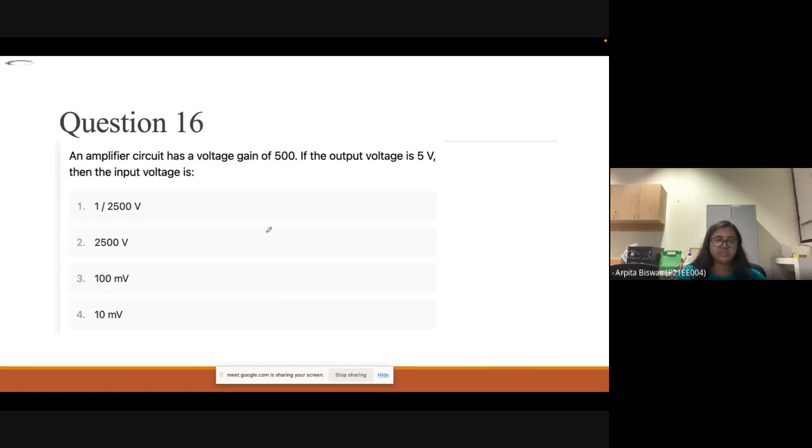This is question number 16. An amplifier circuit has a voltage gain of 500. If the output voltage is 5 volt, then the input voltage is: the first option is 1 by 2500, the second option is 2500, the third option is 100 millivolt, and the fourth option is 10 millivolt.